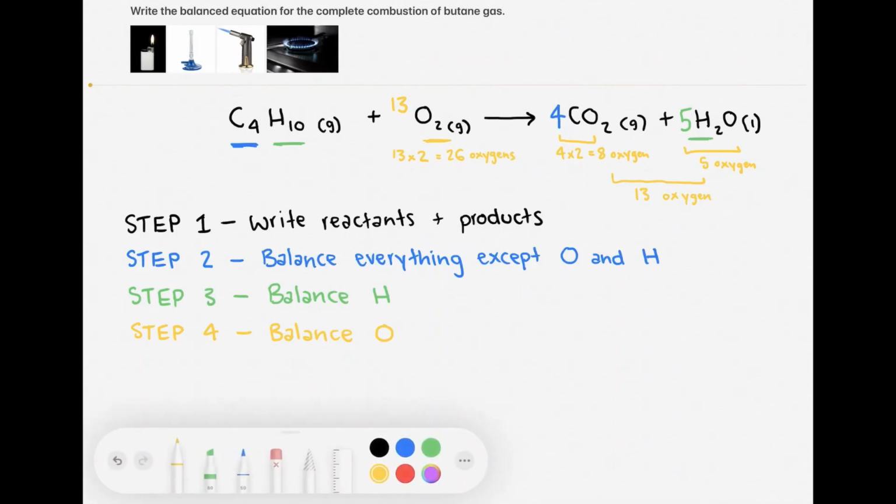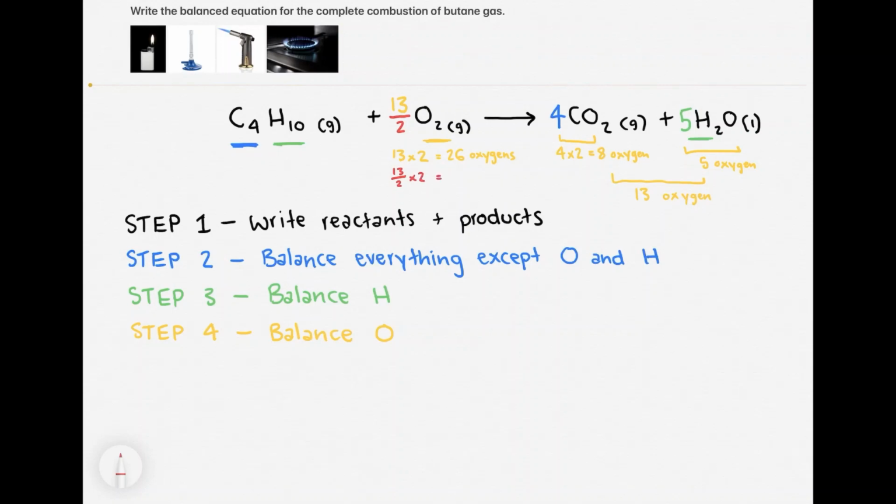So what we do instead, and this is a nifty trick if you ever come across any questions similar to this one, we simply write it as 13 divided by 2, and therefore 13 divided by 2 times 2 gives us 13 oxygens. And so now we have the same number of oxygens on the left-hand side as we do on the right-hand side of the equation.